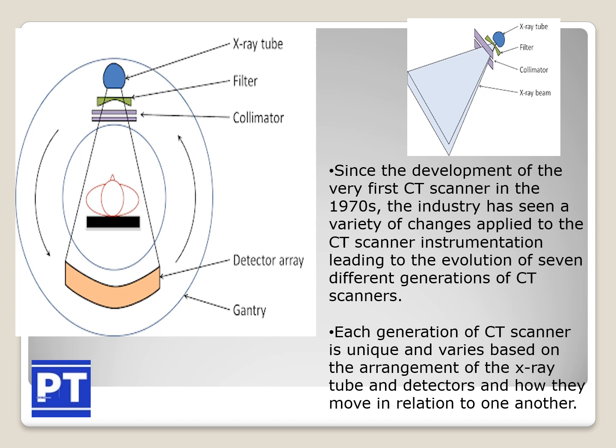Each generation is unique and varies based on the arrangement of the X-ray tube and detectors and how they move in relation to one another. So we have 7 generations of CT, and CT was discovered around 1972 by Godfrey Hounsfield.